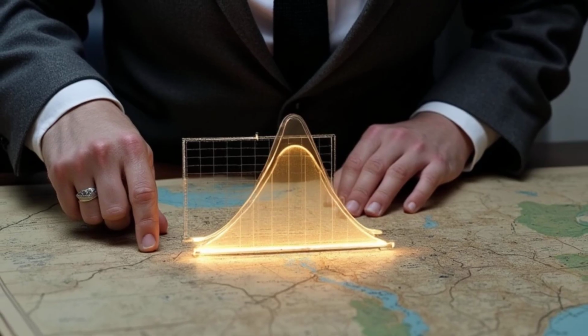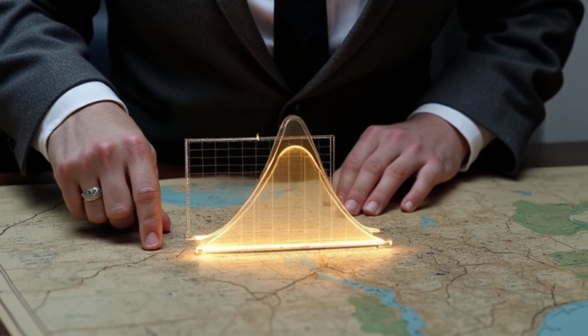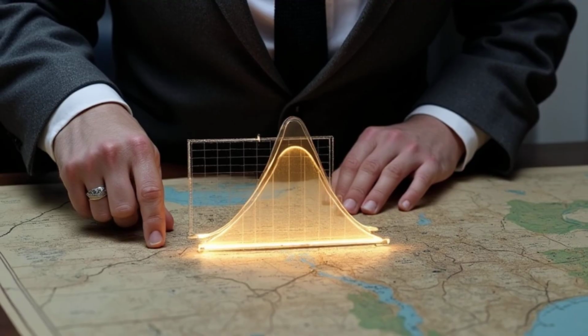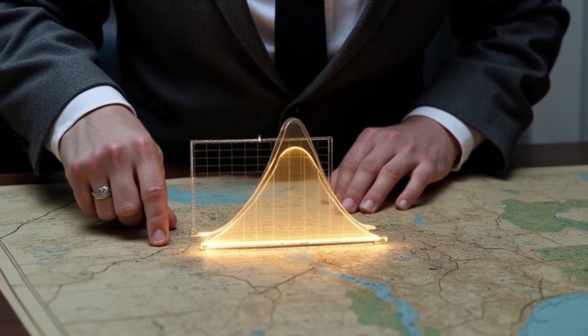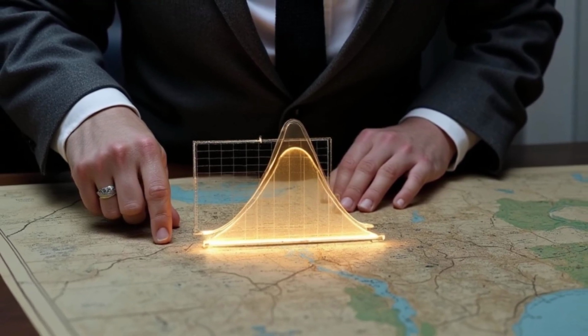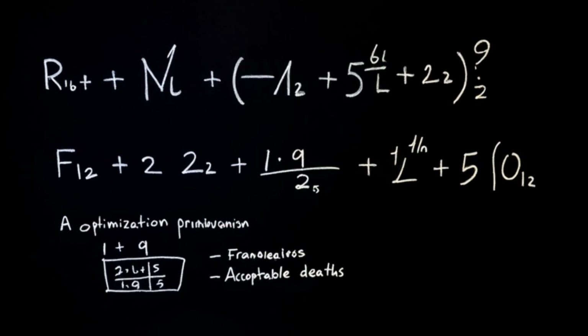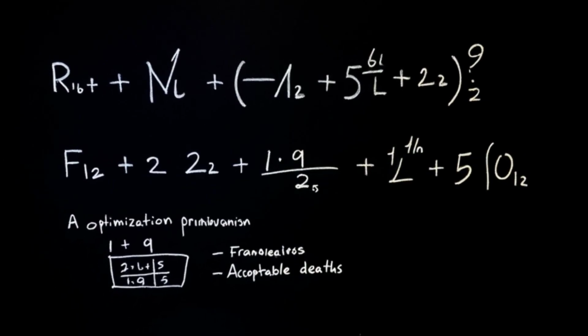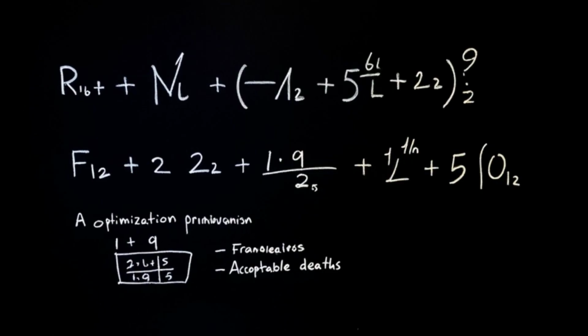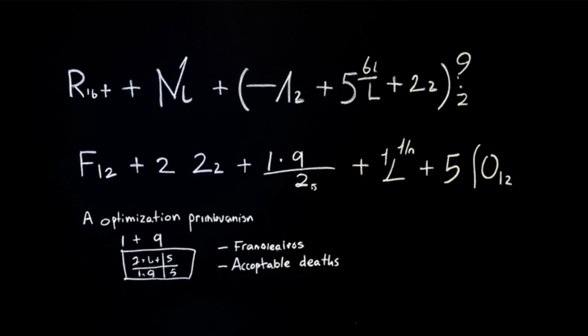The curve would tell them that bombing a particular target had an 85% chance of killing between 5,000 and 8,000 civilians. The mathematics was clear, precise, and utterly confident. Whether those deaths were acceptable became just another calculation, another optimization problem to solve.